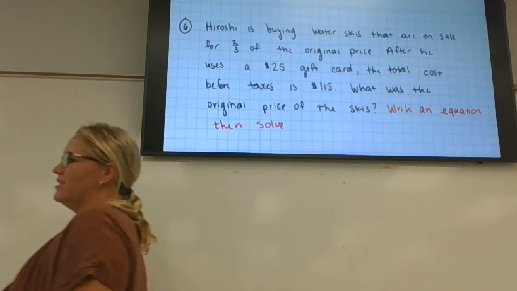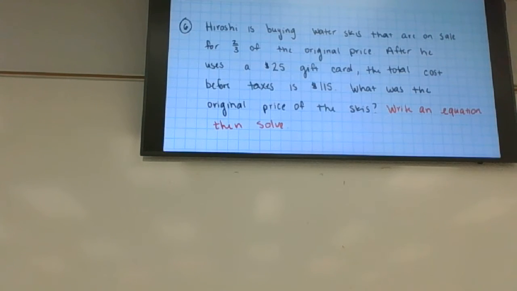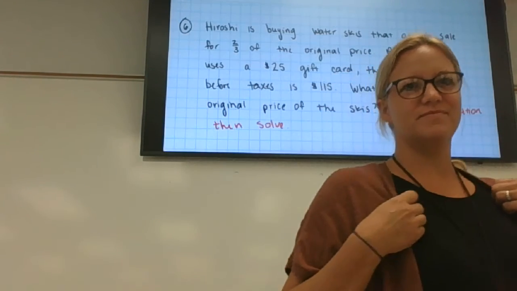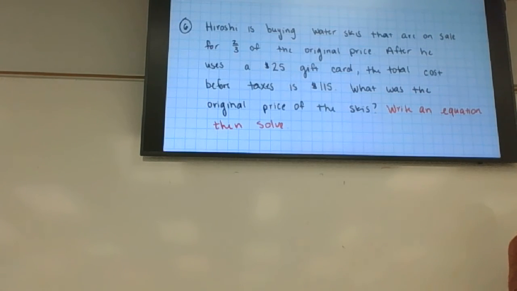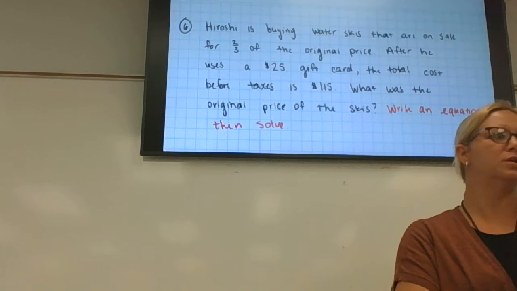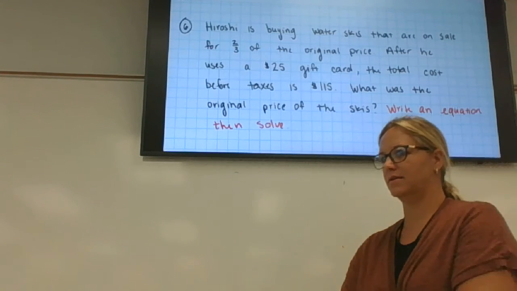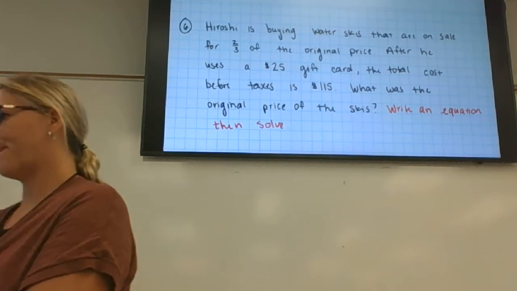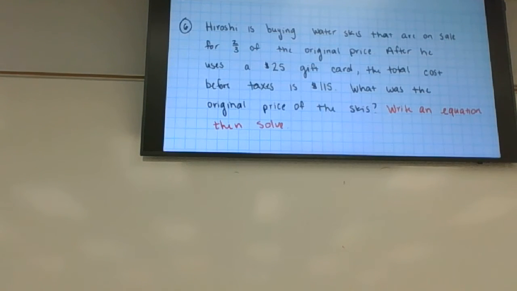Write the equation. Write the equation. Write the equation. How do you show 2/3 of original price? What's the word "of" mean in math? Divided by. You discussed it within your groups, I guess. It's like part. I think so, because what you have to put like the variable next to it.